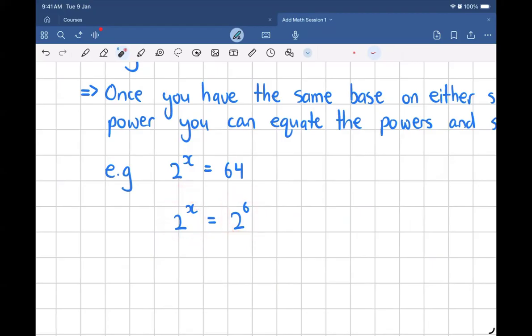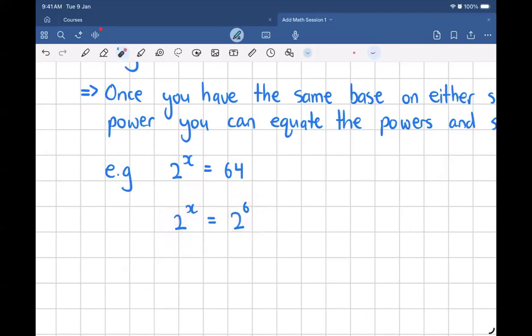And if we want to get 64, we are seeing here that you have to raise 2 to the power 6. So the answer for x would simply be 6. Because the bases are the same, the powers have to be equal for it to be equal. You understand? So if the bases are the same, then the powers would also have to be equal for the equation to be equal.